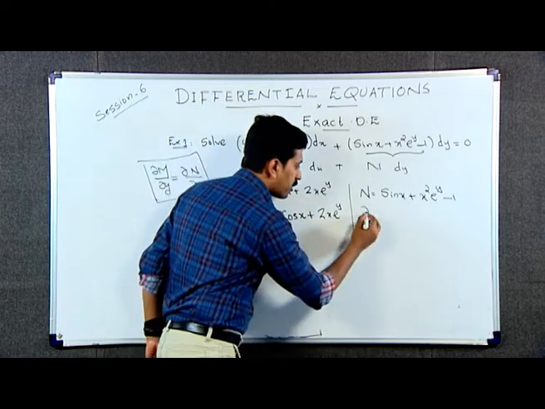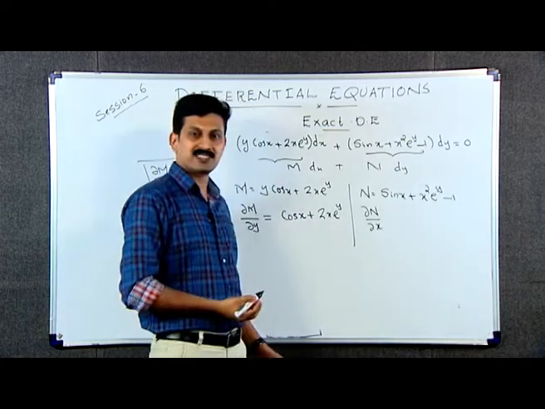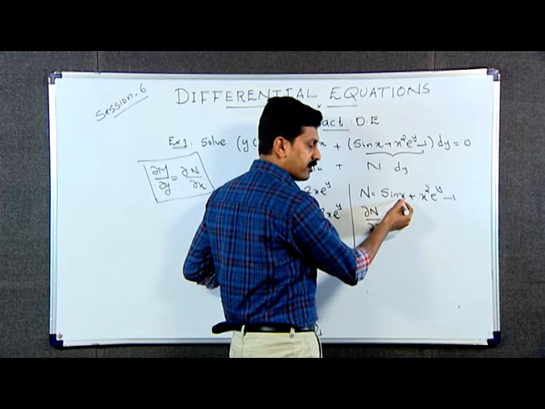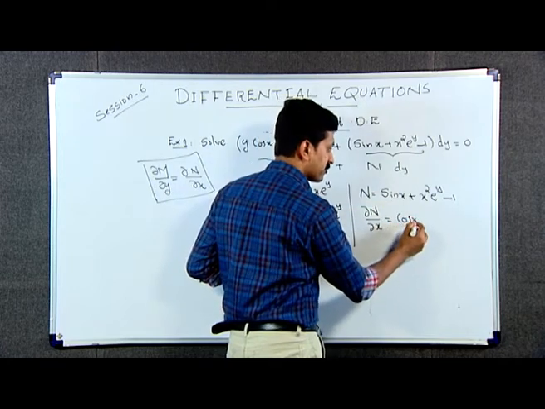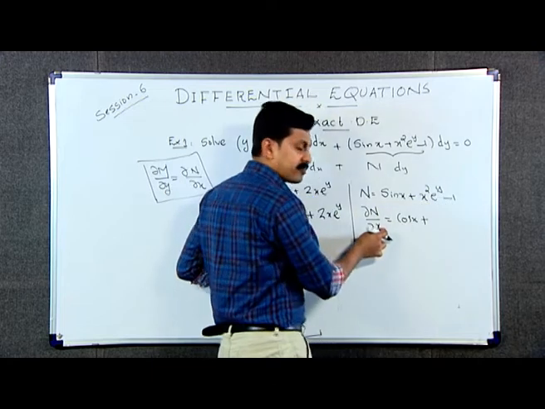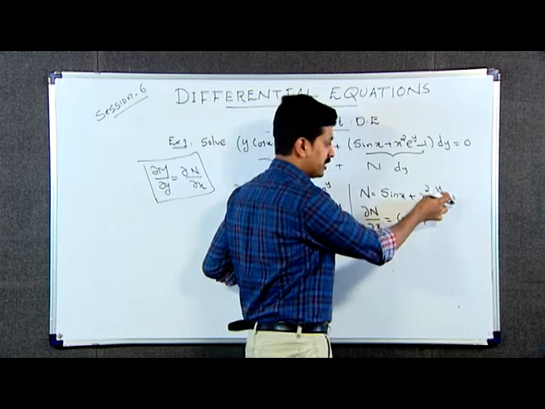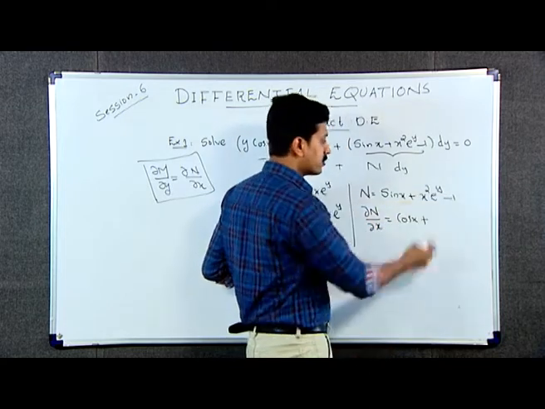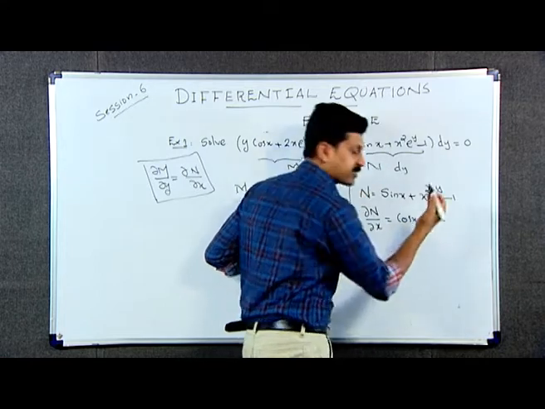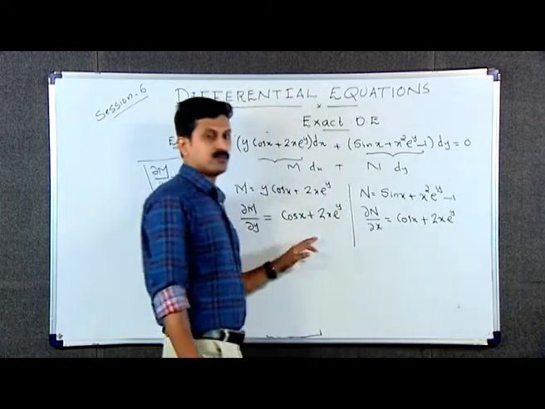Now we are partially differentiating N with respect to x. The derivative of sin x is cos x, and plus here, while differentiating partially with respect to x, we treat the terms involving y as constants. Here e^y is a constant, so we differentiate only x², whose derivative is 2x e^y, and the derivative of minus 1 is 0.